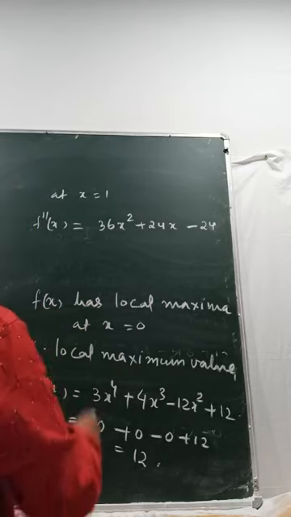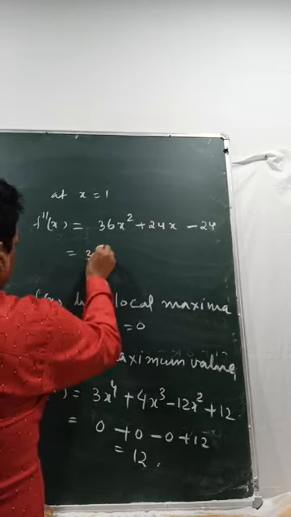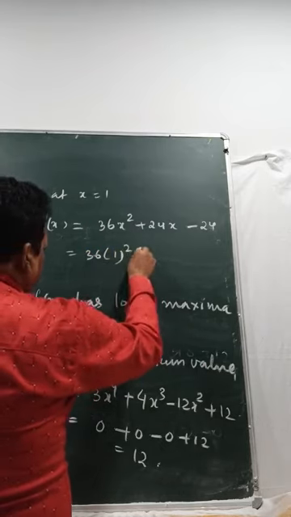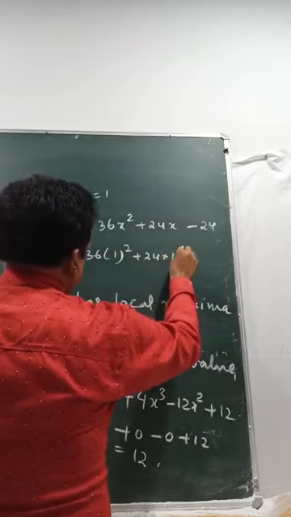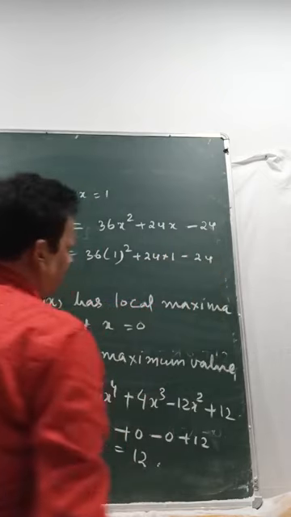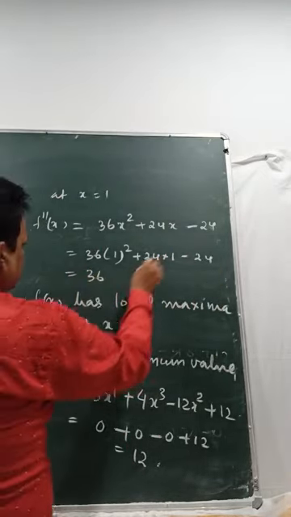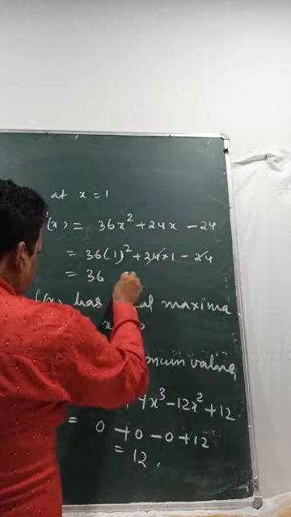So if I put here 36 into 1 square, 24 into 1 minus 24. So again what did you get? Now 36. This is cancelled. So again greater than 0.